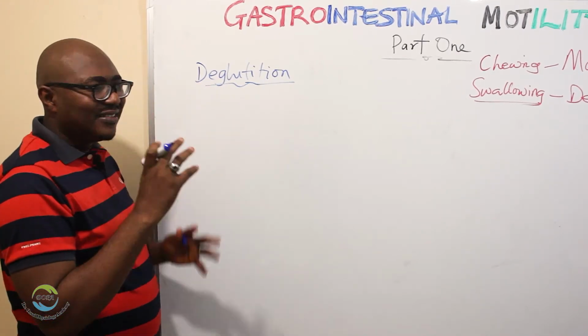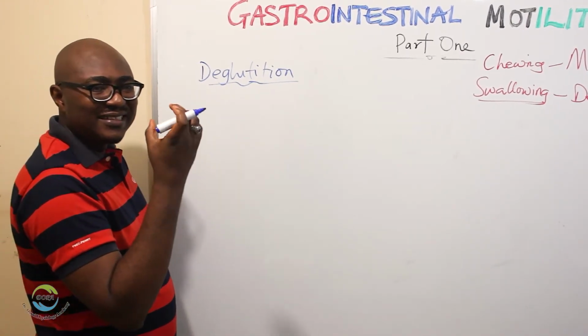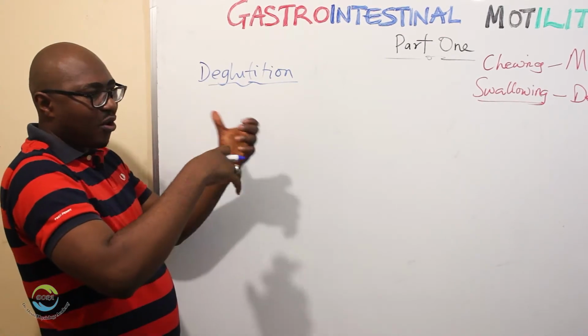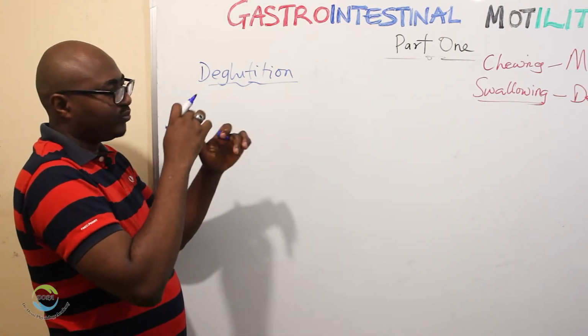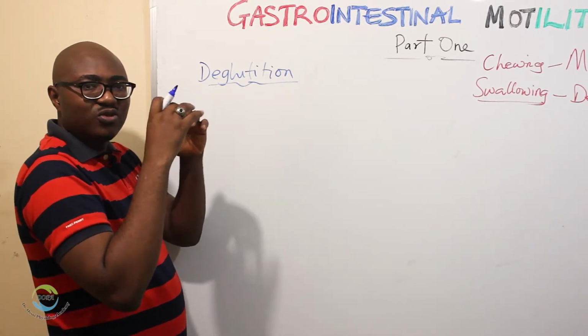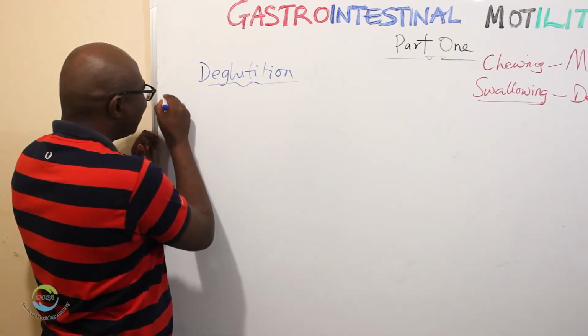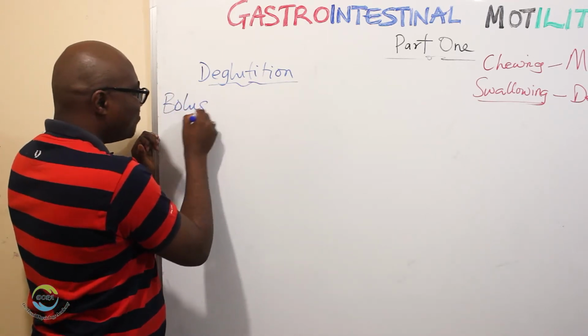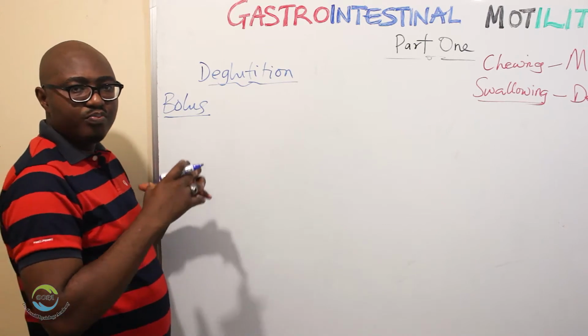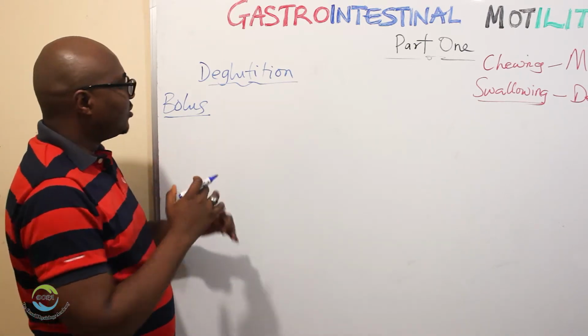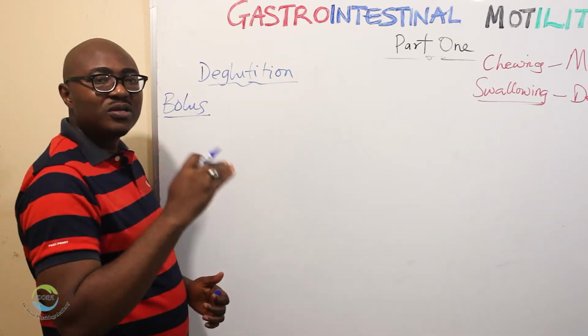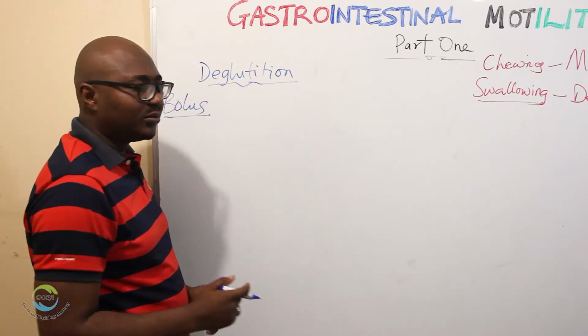Now, that food is converted to a ball by the tongue. The tongue rolls it into a ball, which is called, like I mentioned before, bolus. Bolus of food. So this bolus of food will now be swallowed.